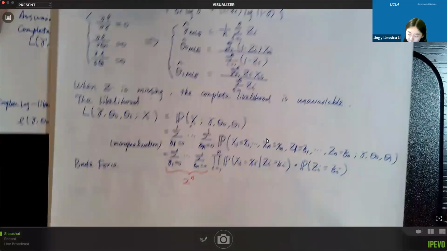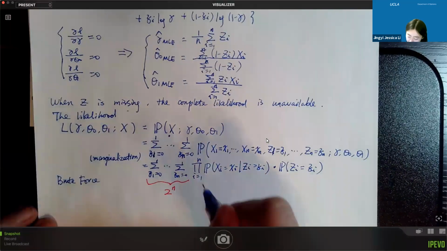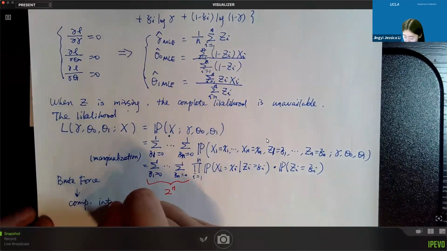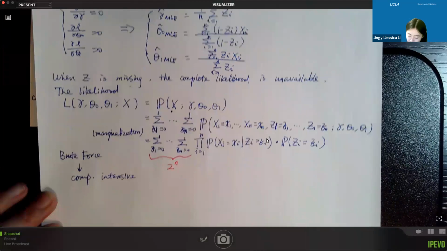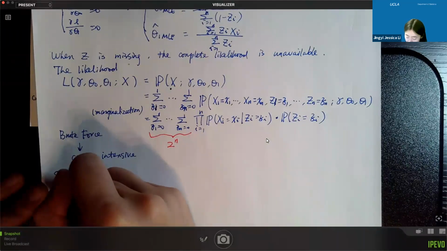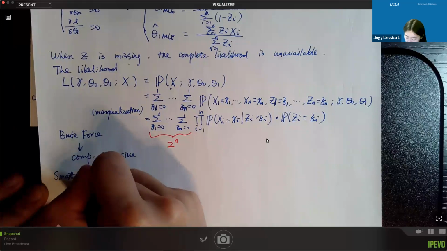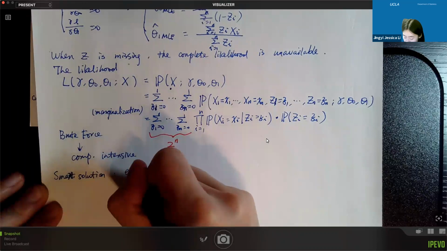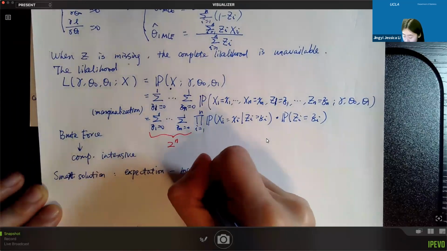So next I'm going to introduce the EM algorithm. The brute force approach is computationally intensive, so a smarter solution, I would call this a smart solution, is the expectation maximization algorithm.